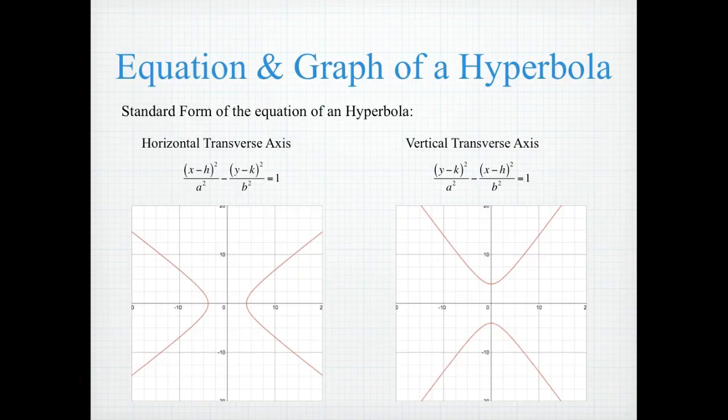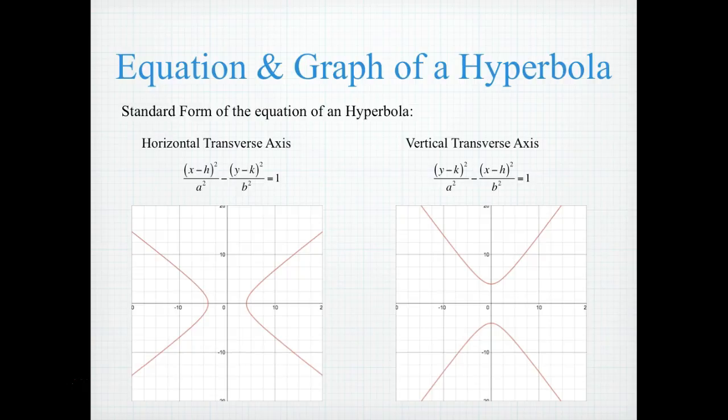For the horizontal transverse axis, you have (x minus h) quantity squared over a squared minus (y minus k) quantity squared over b squared equal to 1. The vertical transverse axis leads off with y. So you have (y minus k) quantity squared over a squared minus (x minus h) quantity squared over b squared equal to 1.